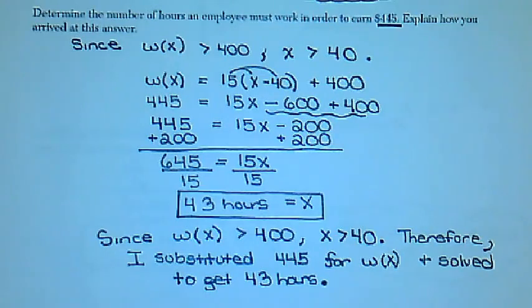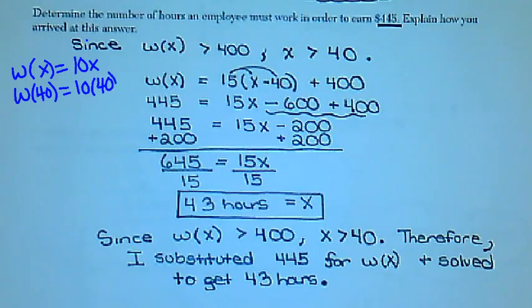Well, the first thing I noticed is, if I plug in the biggest number for the function w of x equals 10x, the largest number you can do is you can only work 40 hours, right? If we plug that in, that would only equal $400.